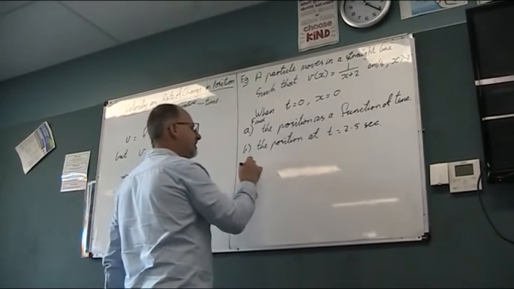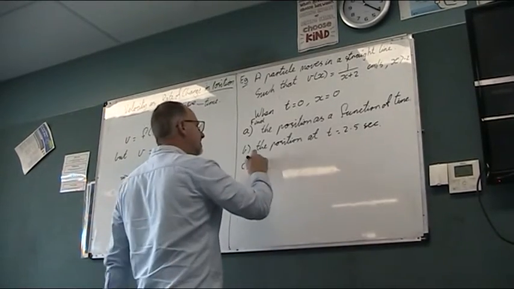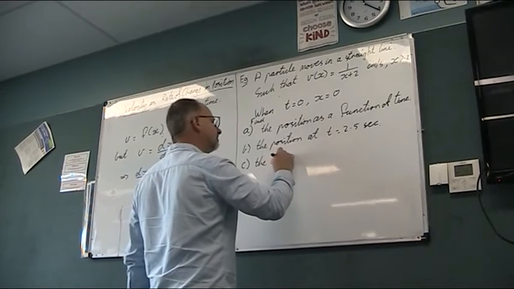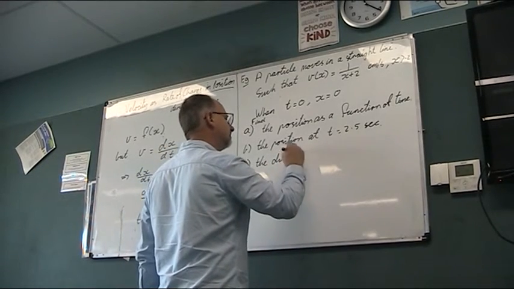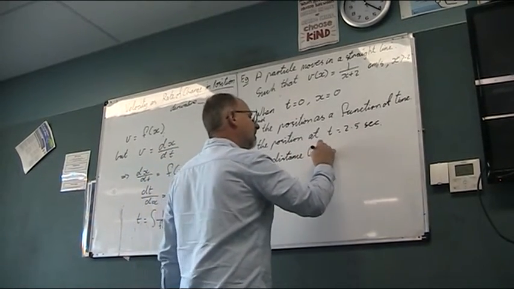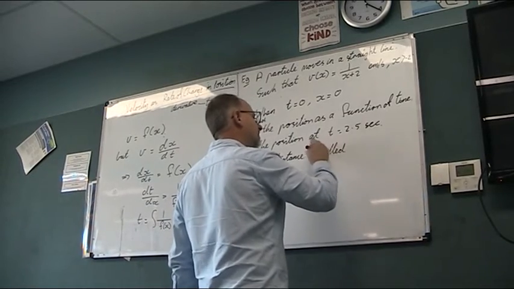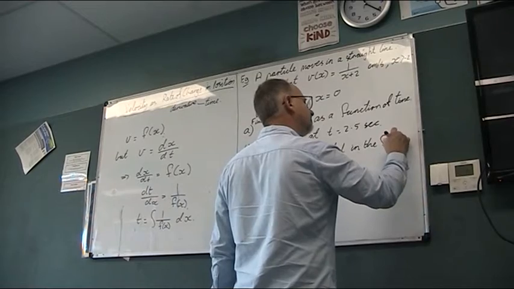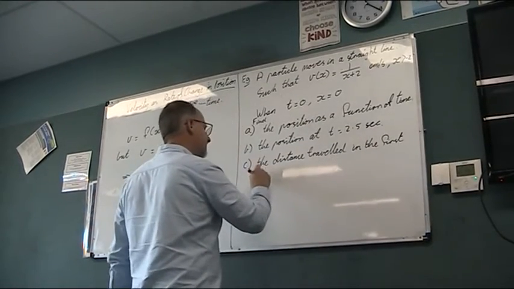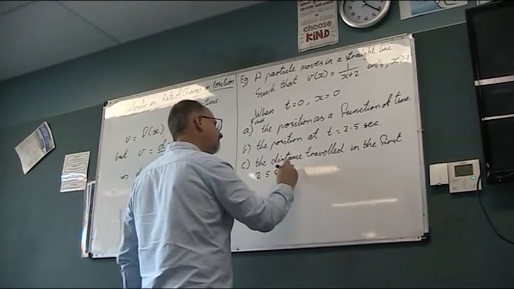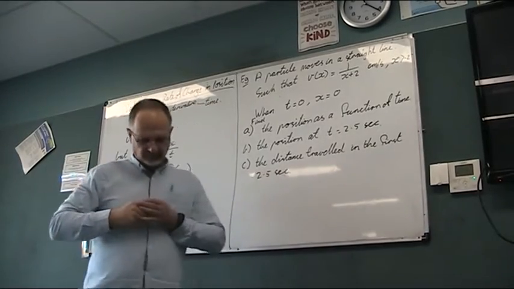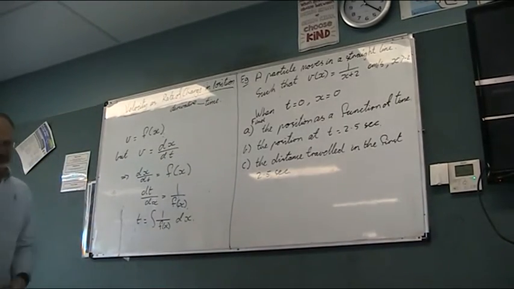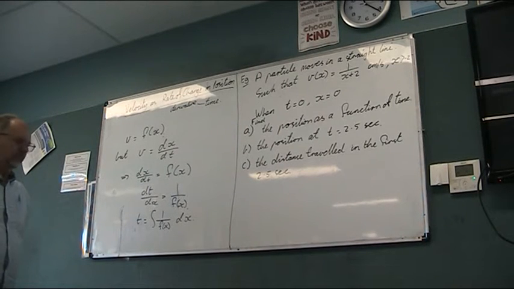And then C, we want to know the distance travelled in the first 2.5 seconds. All right.